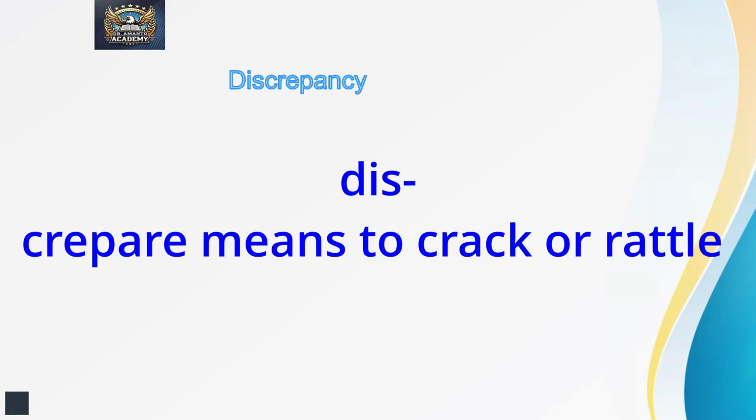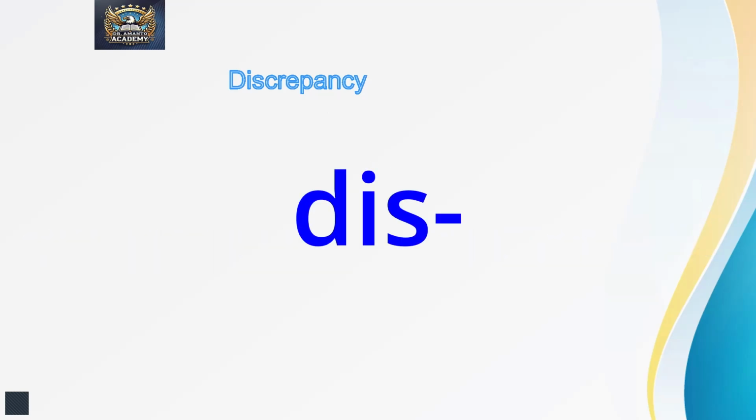Discrepancy. Discrepancy is a noun. This ends in C-Y, A-N-C-Y, and this is a suffix used to make nouns. D, this is the prefix, has a negative meaning here. And it is related to something like separation, avoiding, separating, removing.